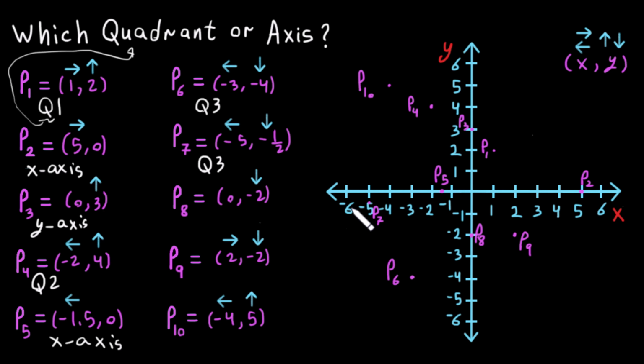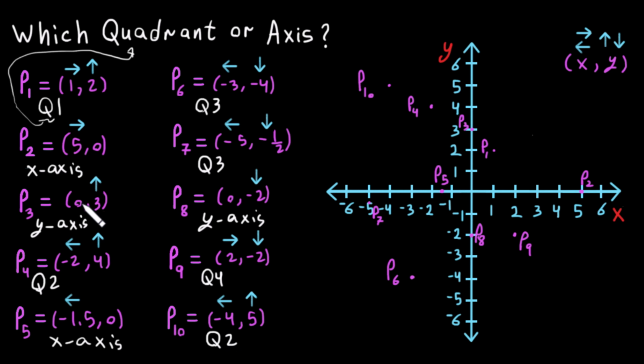P8, which is (0, -2), is here, on the y-axis, so I'll write y-axis. P9, which is (2, -2), is in the fourth quadrant. P10, which is (-4, 5), is here in the second quadrant, Q2.